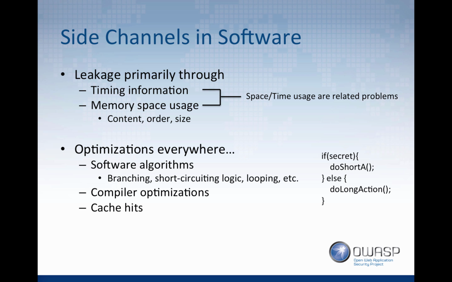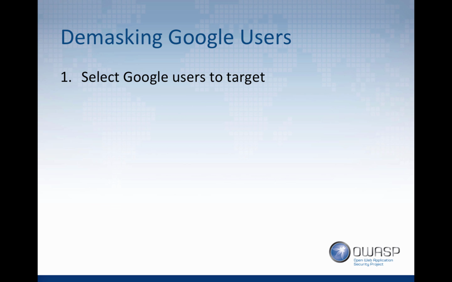So in software, this relates to reading from an array. Anytime you write something to memory, you're introducing timing differences. Going down to the operating system, you have your process scheduling and all the optimizations there. Going down to the CPU, you have branch prediction and so on. So these optimizations are just everywhere. You're not going to just get rid of them.